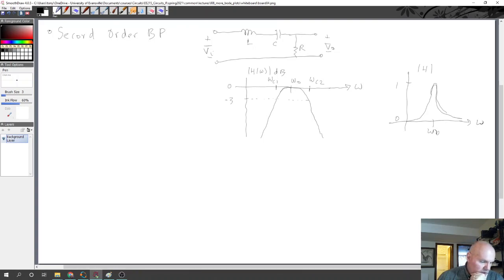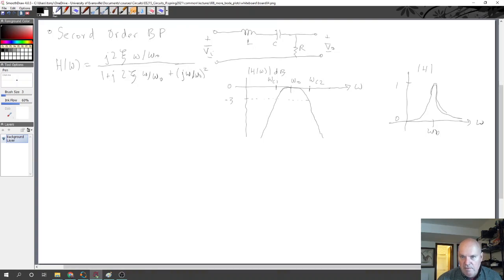Okay. So if you go through the analysis of this circuit, you can put it in the form, 2 zeta, and this is a Greek letter zeta. I'm sorry, zeta is how it's pronounced typically. And then in the denominator 1 plus j 2 zeta omega over omega 0, and then plus j omega over omega 0 squared.